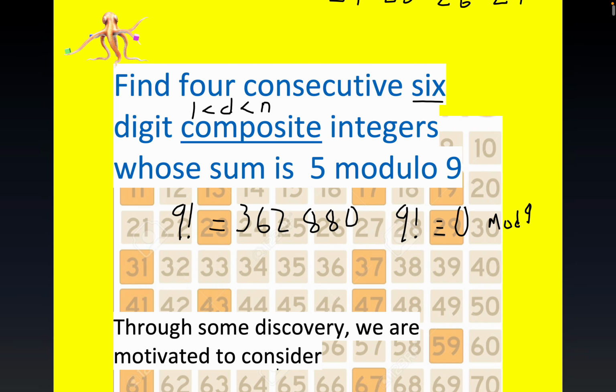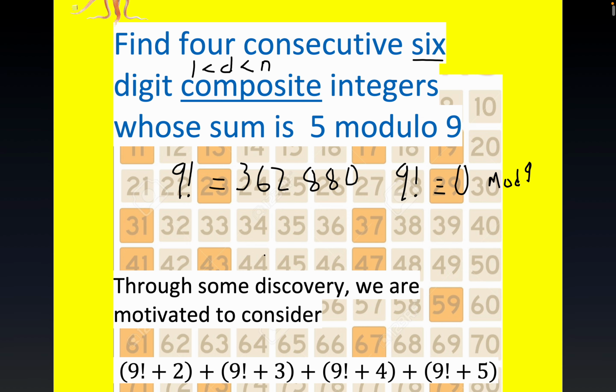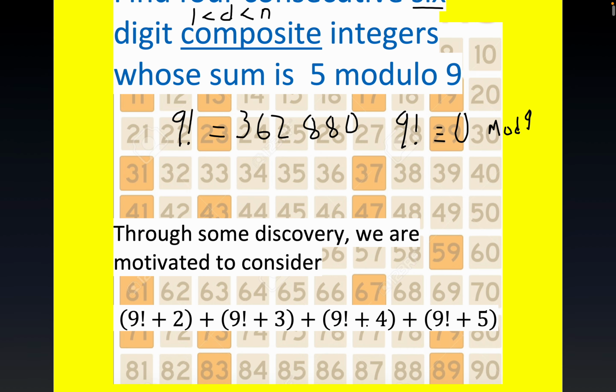So let's move along. This is the so-called discovery right up here. Through some discovery, we are motivated to consider these 4 consecutive numbers. The cool thing about this is we already know that 9 factorial is a 6-digit number. So this very first number here is certainly divisible by 2, because 2 is a factor in 9 factorial. 3 is also a factor in 9 factorial, and so on.